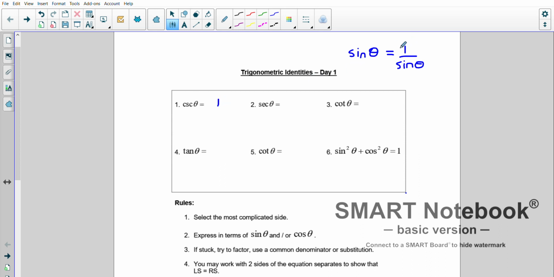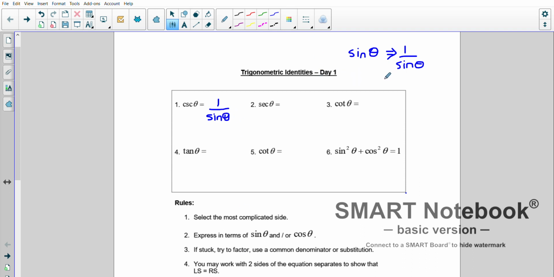I shouldn't say these are equal, they're not. This is saying if I have sine theta and I do the reciprocal of it, I'm going to get cosecant. So the reciprocal of sine is cosecant.